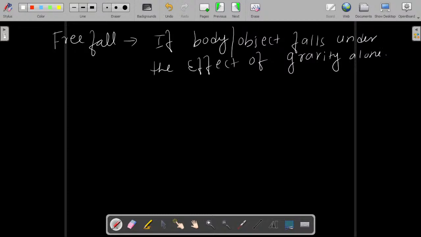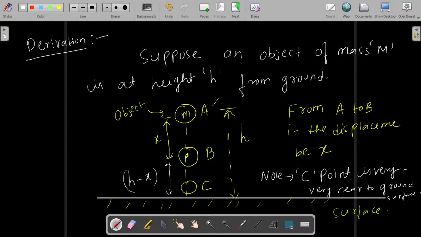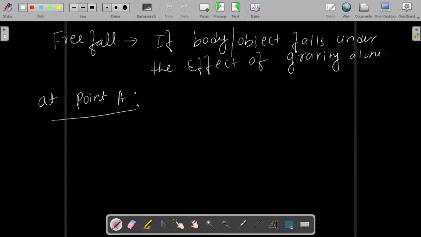Gravity alone. Now you write down at point A. Point A is here. So the body is at rest. So write down kinetic energy at point A is equal to half into m into v square.